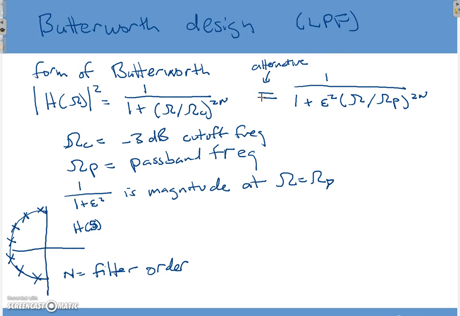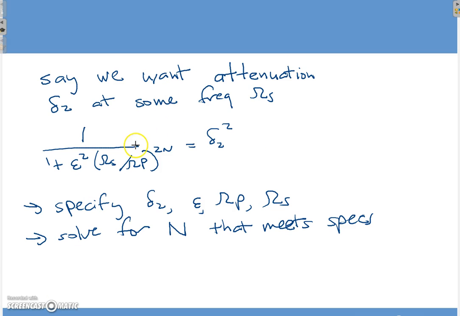Okay, so these formulas are figured out for every type of filter, all the standard filters, elliptic, Bessel, whatever filter. There are corresponding equations. And the way you use them is, let's say at some frequency in the stop band, omega sub s, we wanted the attenuation to be at least as small as some delta 2.